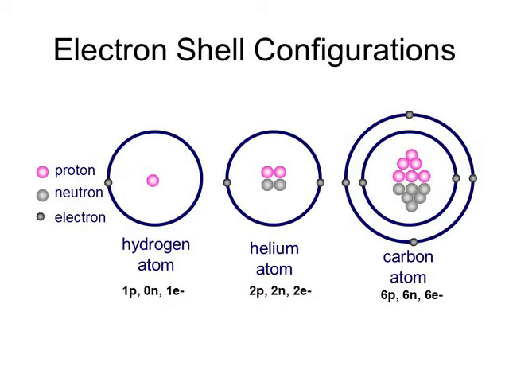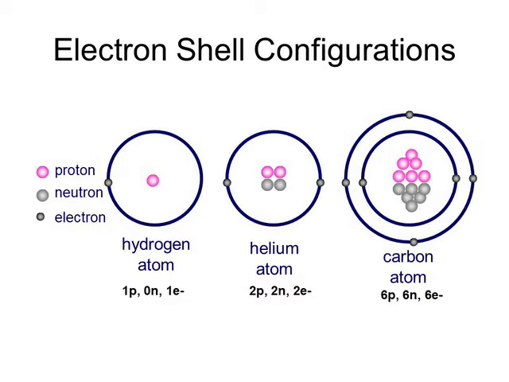And then when we look at helium, which is number 2, helium will have 2 protons and 2 neutrons in its nucleus, and it will have 2 electrons in its outer shell. But when we get up to higher level elements like carbon, for instance, carbon will have 6 protons and 6 neutrons in its nucleus, and it will have 6 electrons in its outer shells.